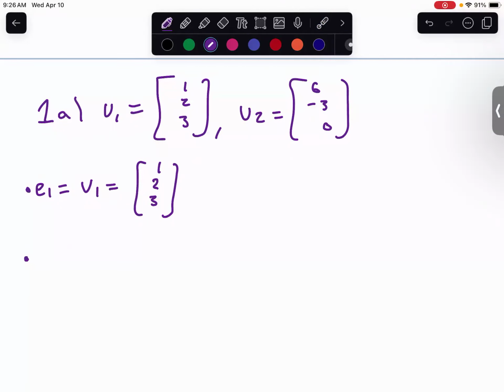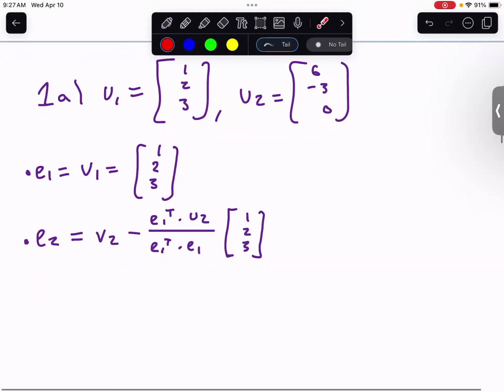Eventually we'll divide it by its length, but we'll keep it as it is right now. Then E2 is given by V2 minus (E1 transposed times V2) over (E1 transposed times E1), and then you multiply by E1.